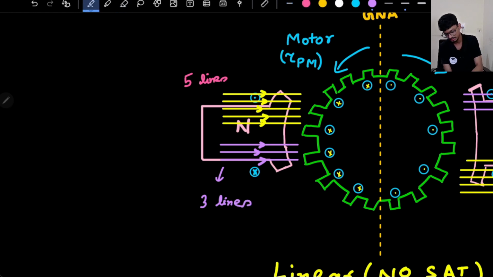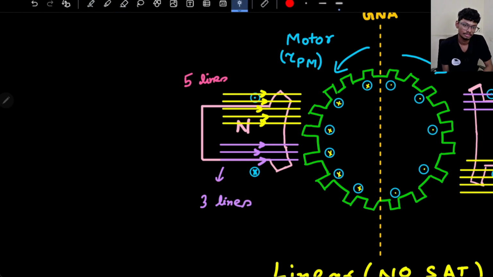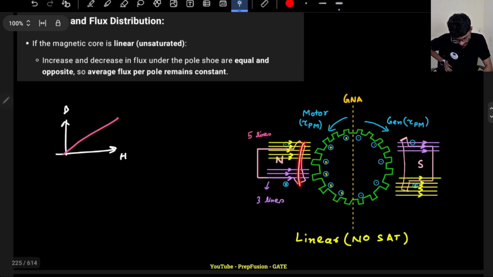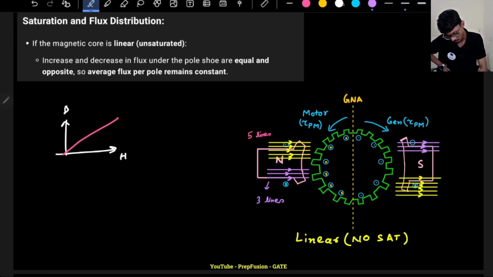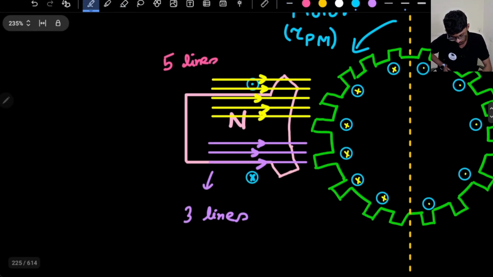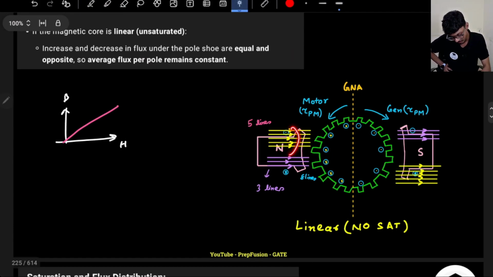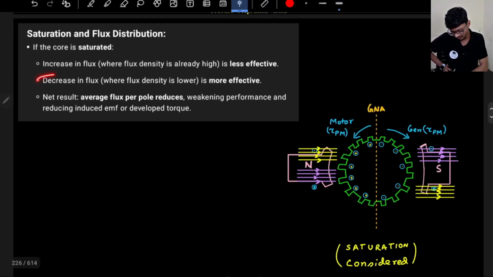But overall, what is the number of lines? 8 lines. No problem, because the core is linear. I will show you why the problem will be there if the core is saturating. It does not matter whatever the amount of increase is, that is fine. The field pole will allow this increase.